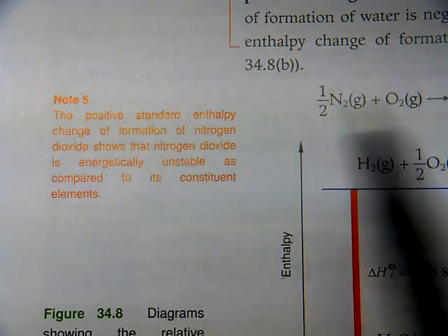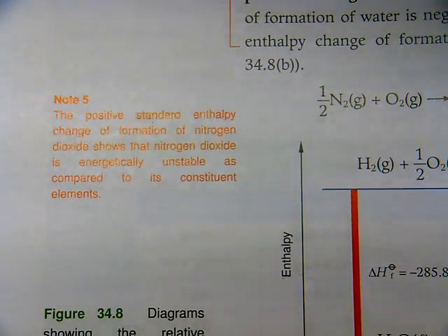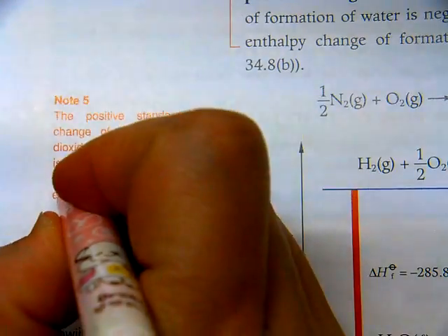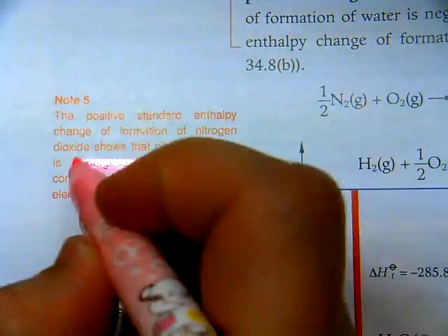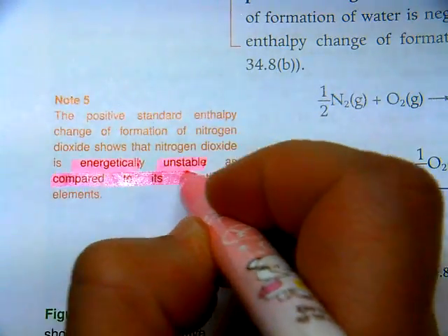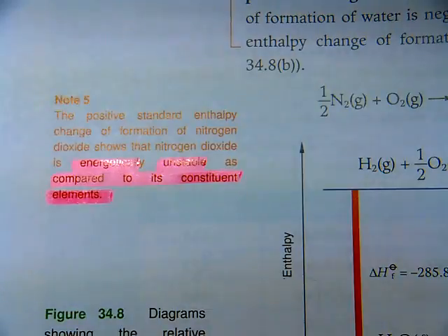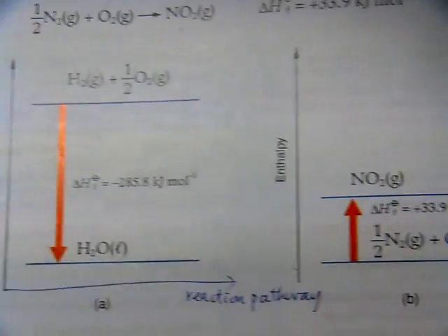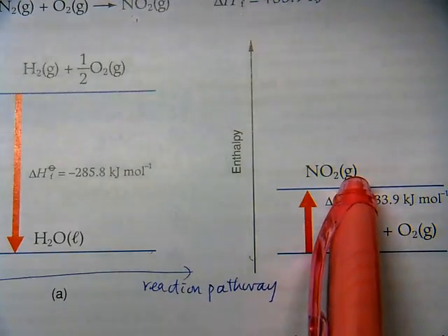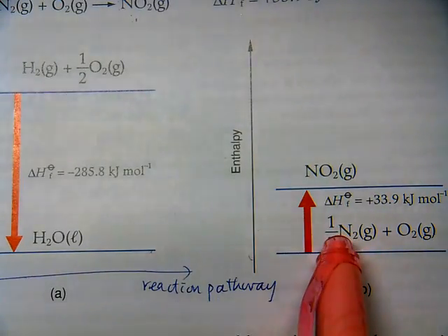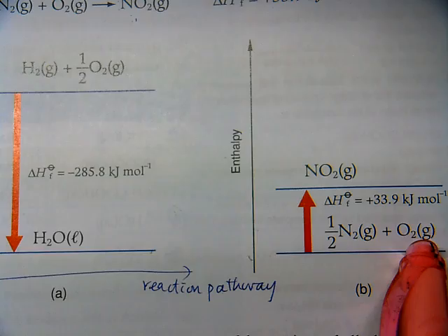Energetically means energy. Compare their energy. So please highlight energetically unstable compared to its constituent elements, because NO2 will have a higher enthalpy than its constituent elements.